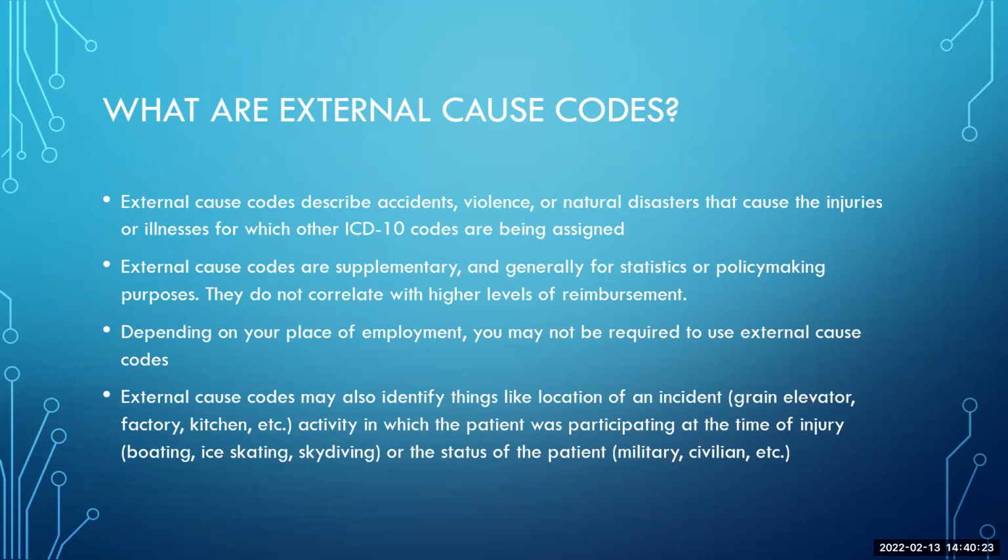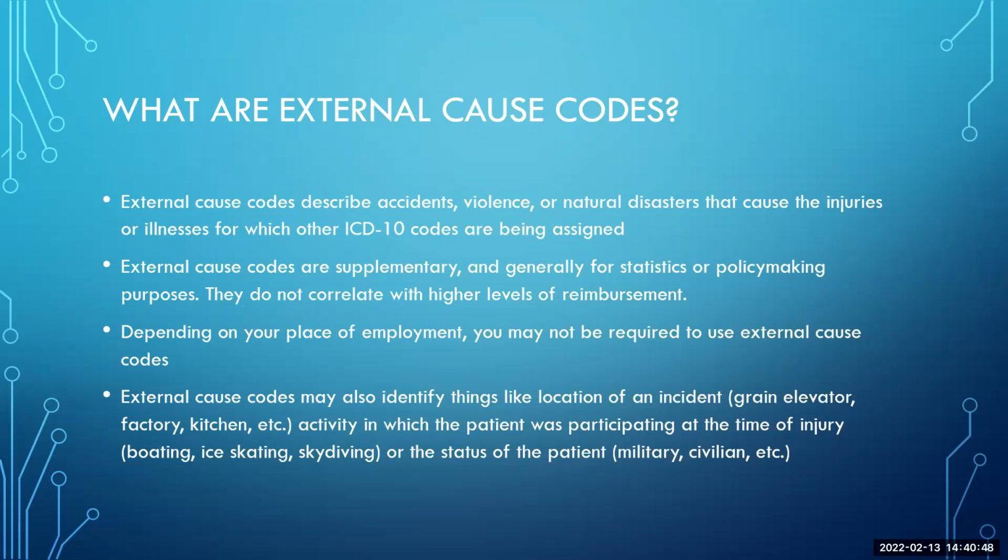External cause codes are codes that describe accidents or violence or natural disasters that cause injuries or illnesses. So they are supplemental codes that we use to provide a more complete picture of what's happening with the patient. They are optional for most places.